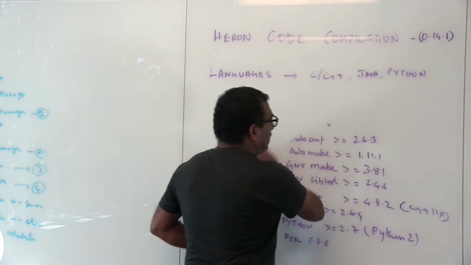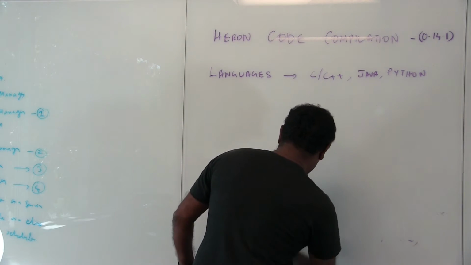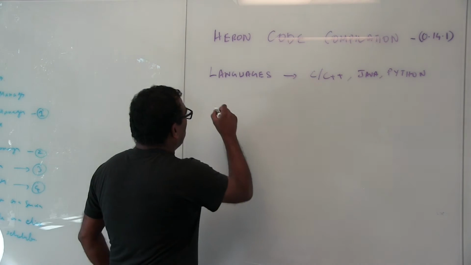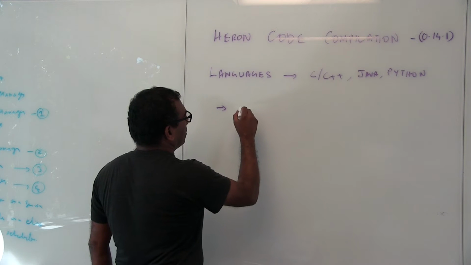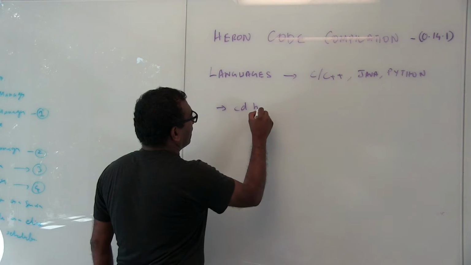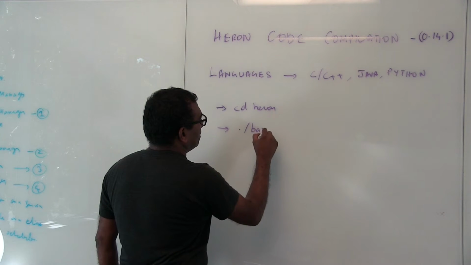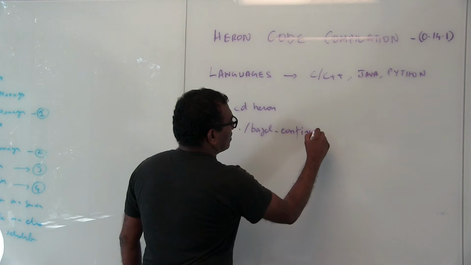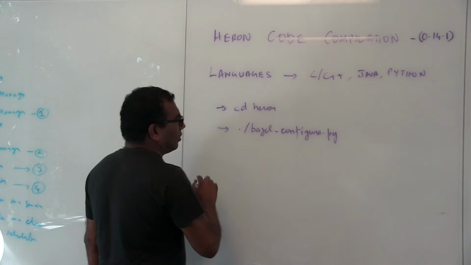So how do you configure Heron and compile it? The first thing you have to do is configure our code base. Once you are in the Heron directory, where your code is, type bazel_configure.py.